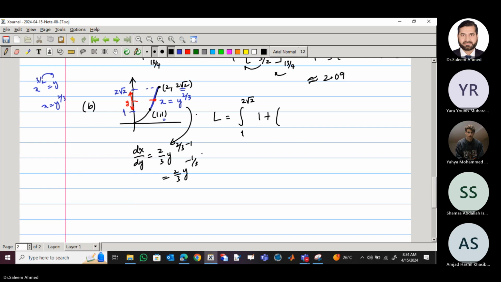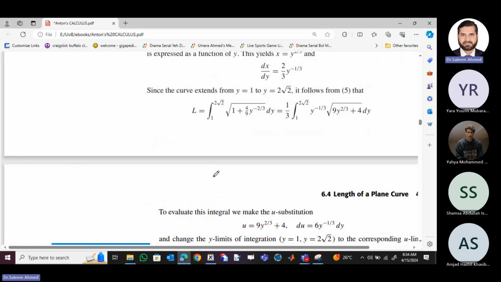Here I got 2 by 3, and you can bring it down, right? It will become 2 by 3 y to the power 1 by 3, squared, and this is with respect to y. So you can check here, when I use the other formula, I have this, right? 1 plus 2 by 3 y to the power 1 by 3, squared.